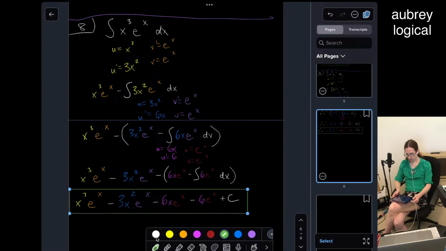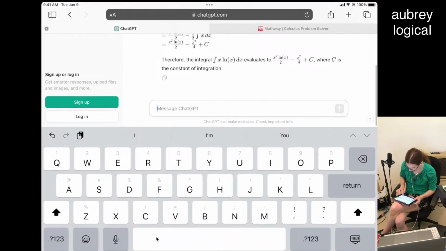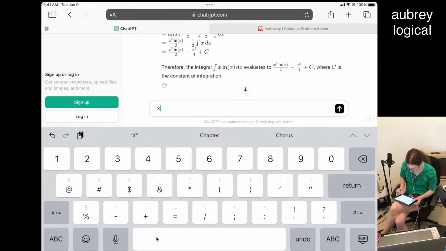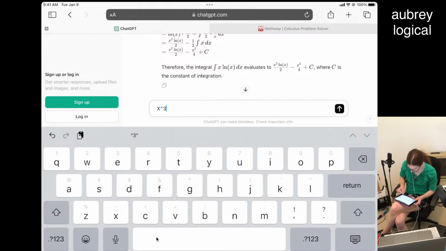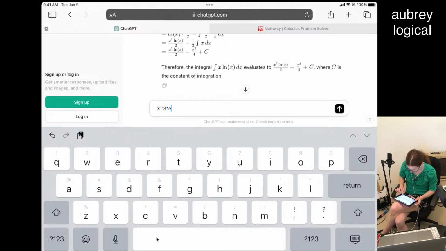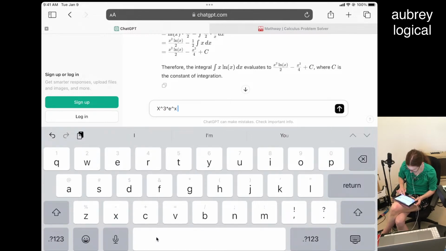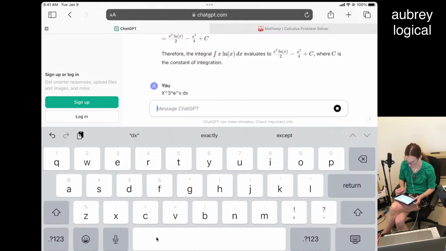Let me check us out here. So it is x cubed times e to the x dx. So x cubed times e to the x dx. Let's see if it knows what I'm trying to say.